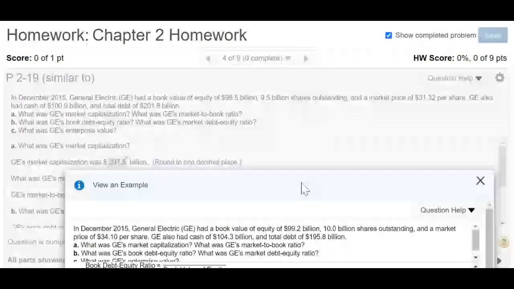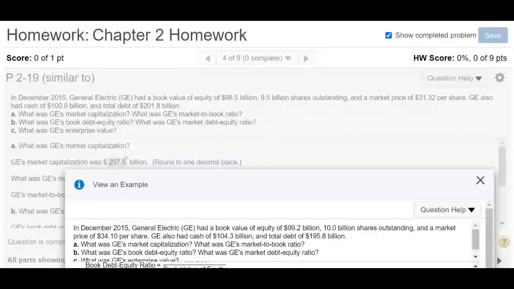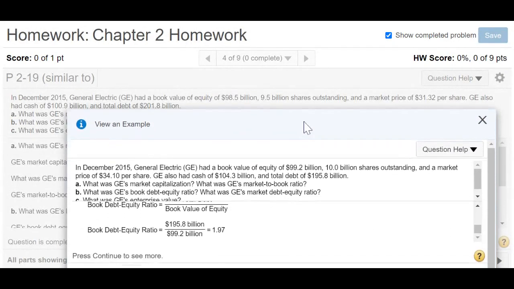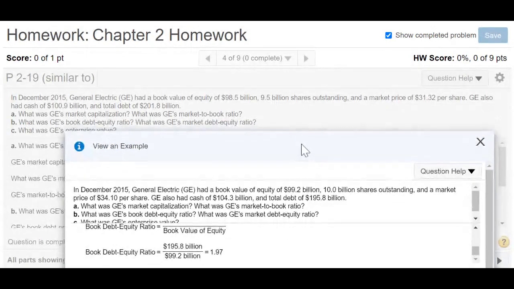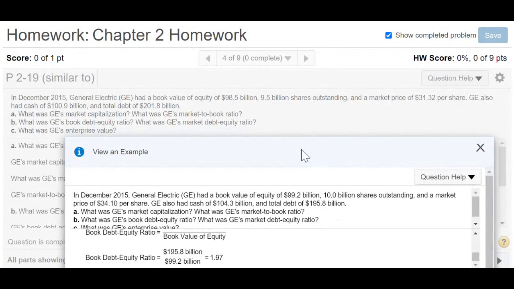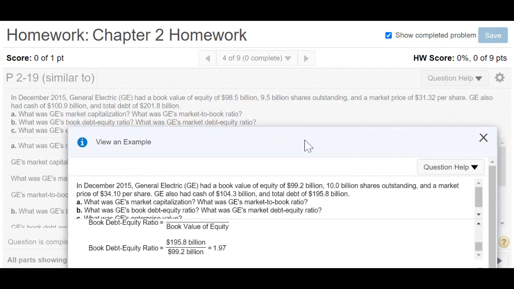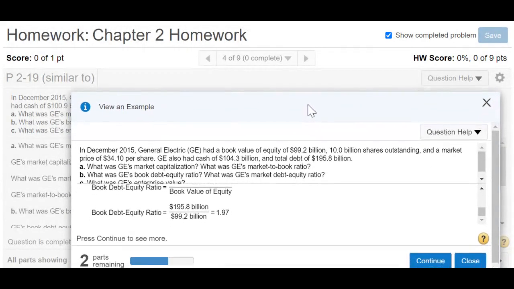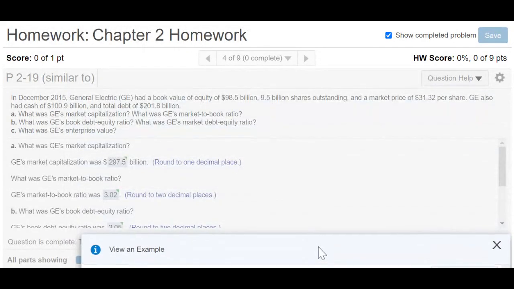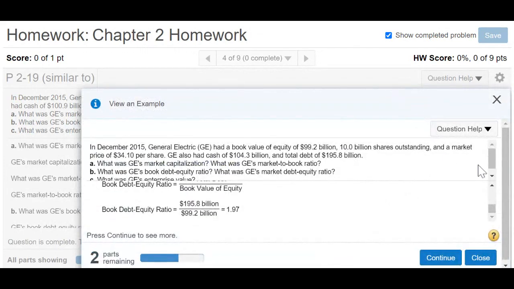So the debt is 201.8, and you divide that by 98.5. Then you come out with 2.05.